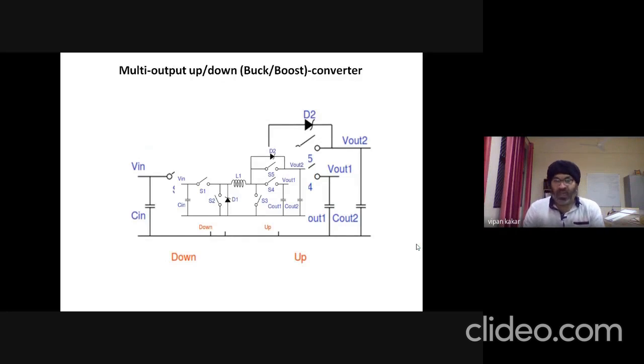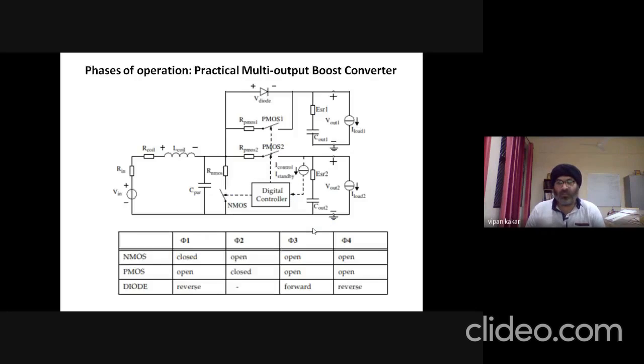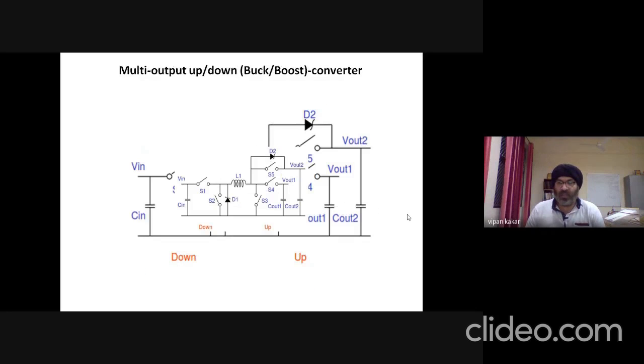Now, that was the case of a multiple output boost converter. The same concept can be applied for a multiple output buck converter. But if you want to have a combination of different outputs, meaning a combination of buck as well as boost, and at the same time multiple outputs, then this multiple output Vout1 and Vout2 can be used for step down as well as step up in the same circuit.